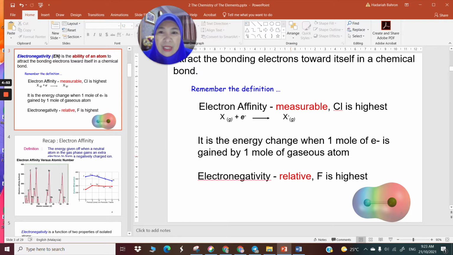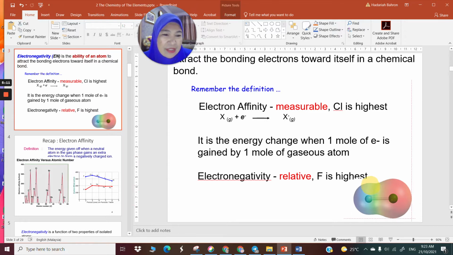When fluorine is bonded to an atom, it is the atom that can pull the bonding electrons the most from the other atom. If you can see this picture here, that is the fluorine atom, and that is the hydrogen atom.